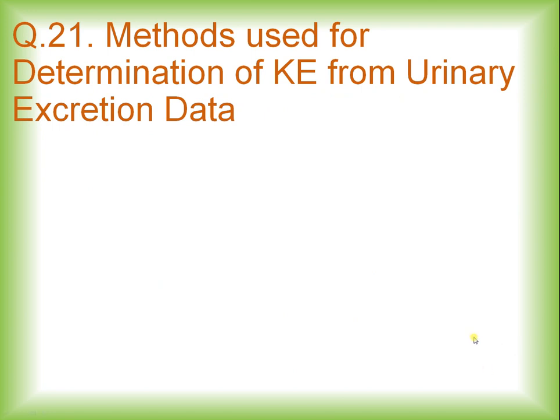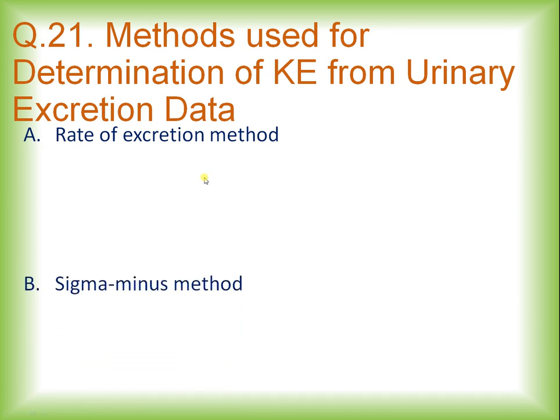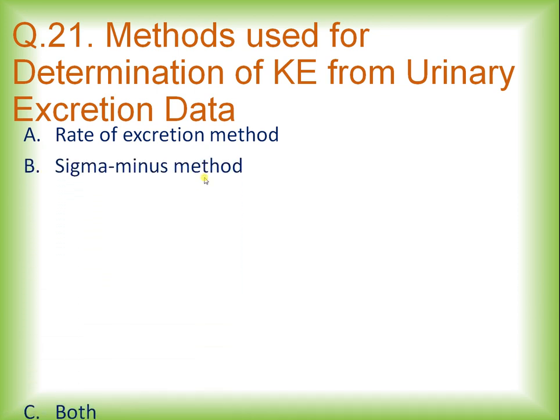And the last question, methods used for determination of Ke from urinary excretion data include rate of excretion method, sigma minus method, both, none of the above.